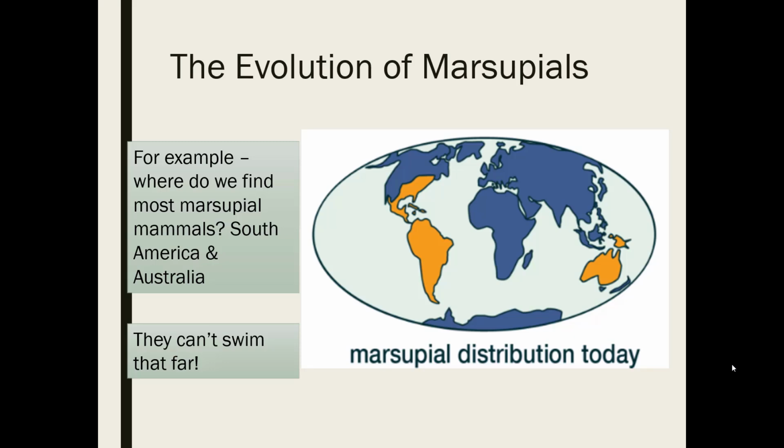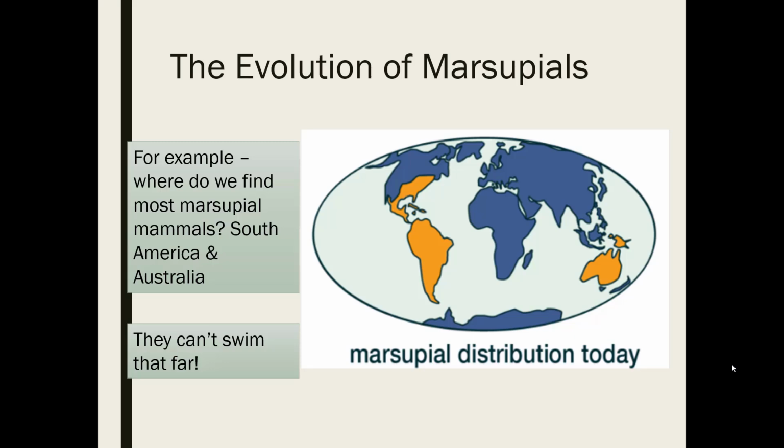The marsupial mammals, the young are born early, and then they crawl into a pouch, and then they finish development in a pouch. Whereas placental mammals like us, the young gestate longer inside the mother, and then they're born. And so you've got those marsupial mammals in two very different places on the earth today.